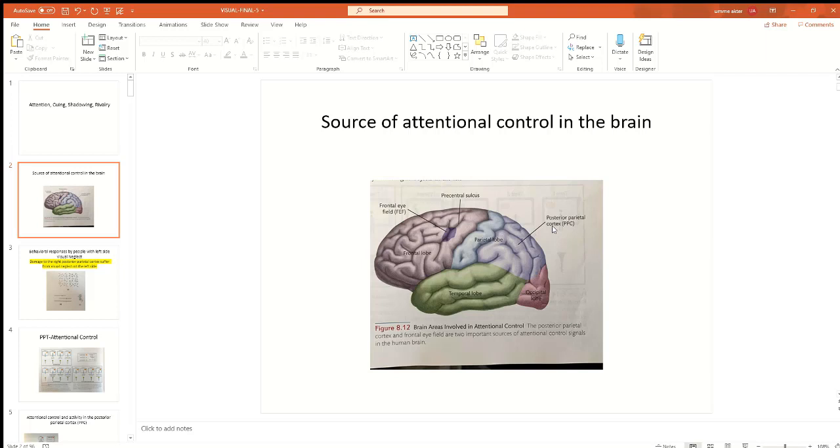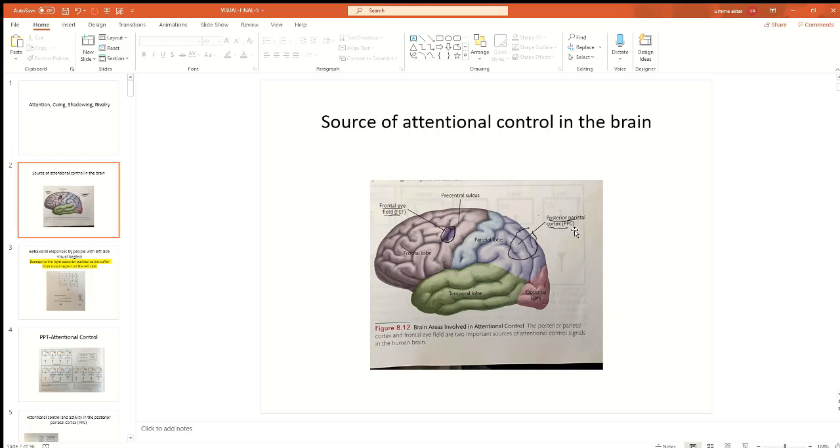So the posterior parietal cortex is one area that is heavily involved in attention, and then further higher area is prefrontal area where you have the frontal eye field, FEF here. So these are two areas where most of the attentional tasks or attentional cues or activities are processed.